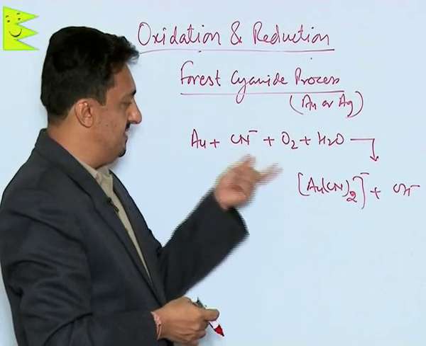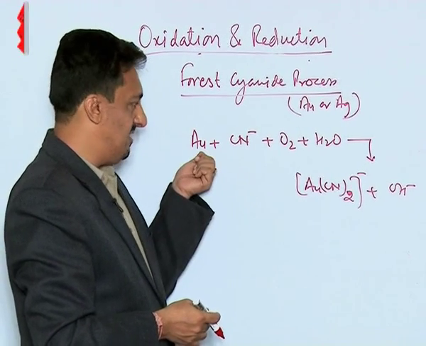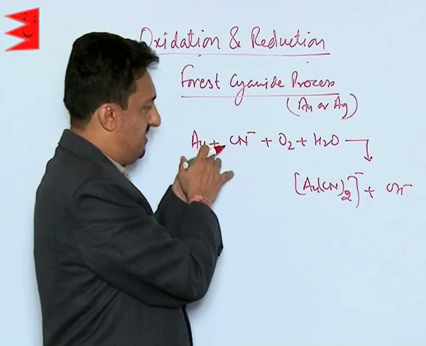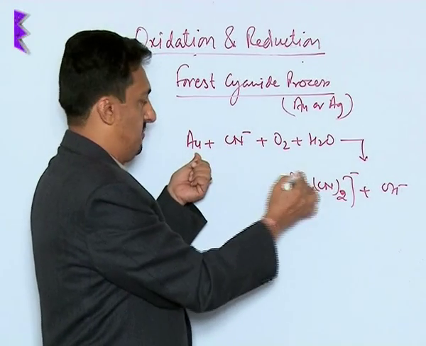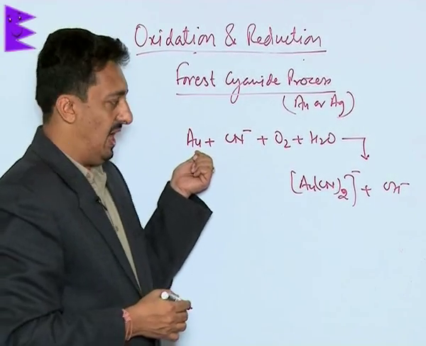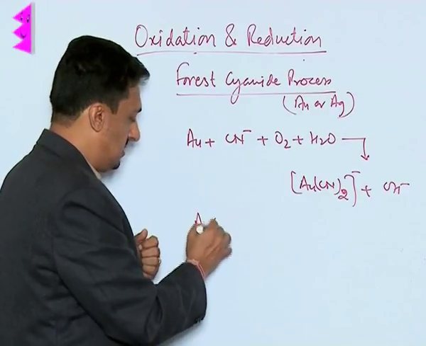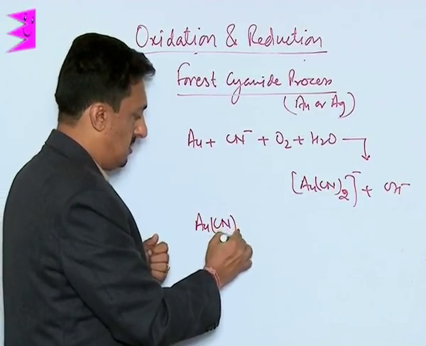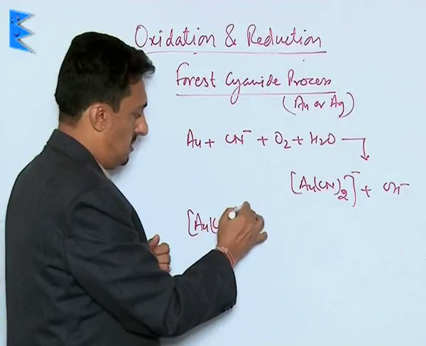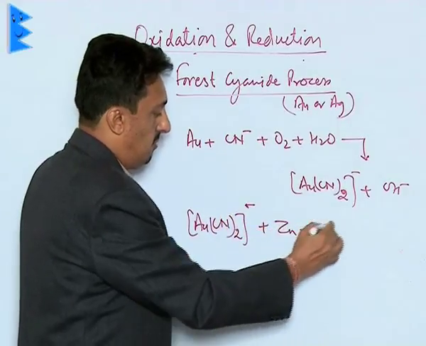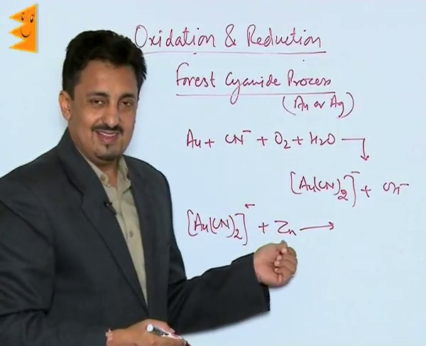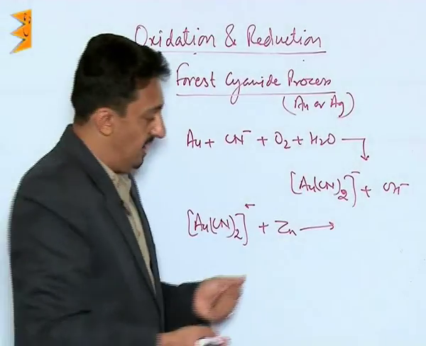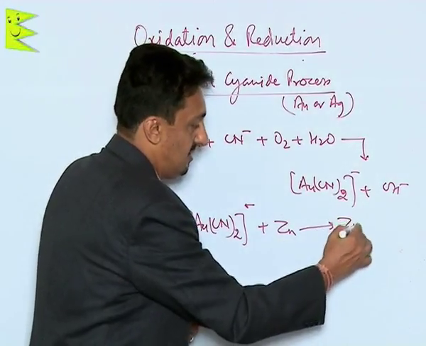In this case, the gold is first oxidized from the 0 to the +1 state, and then by using more reactive metals like zinc, it is reduced again.